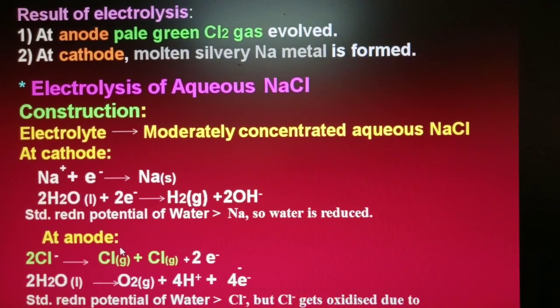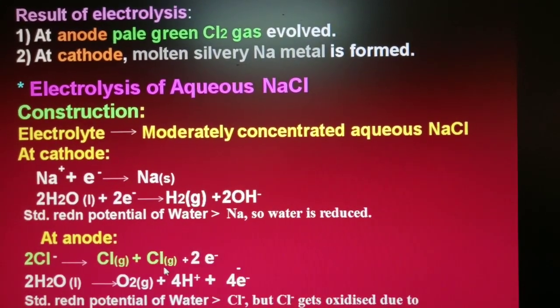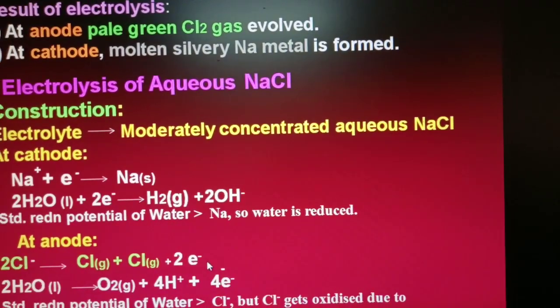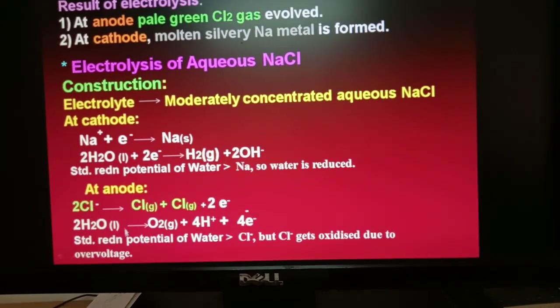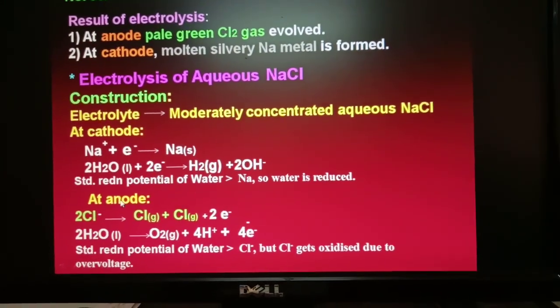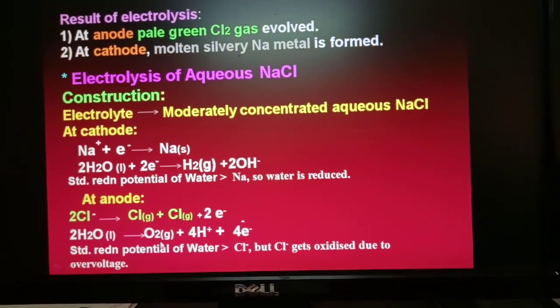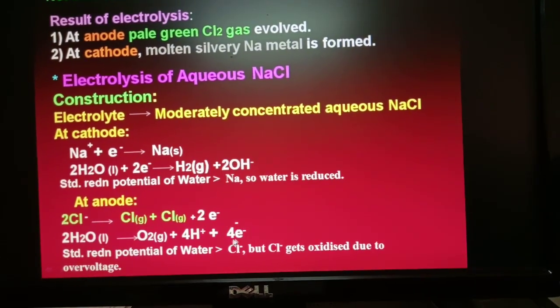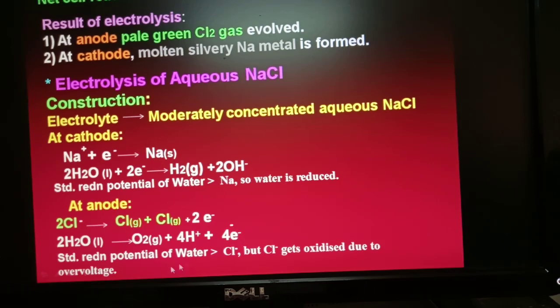Now at the anode, 2Cl minus gives Cl2 gas plus 2 electrons. Water also plays its role at the anode. So 2H2O gives O2 gas plus 4H plus plus 4 electrons.